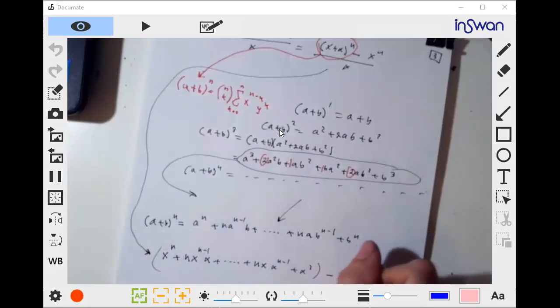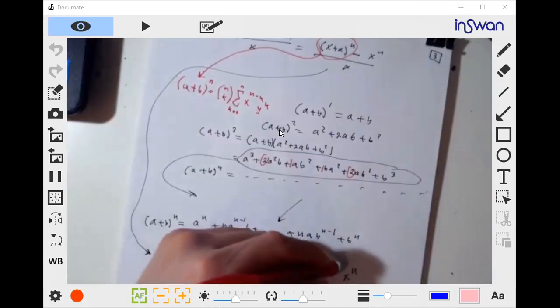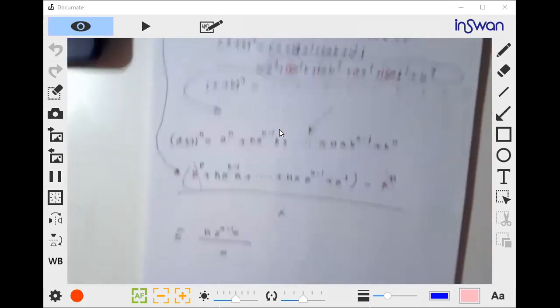And don't forget to first subtract x to the n, all over alpha. So these x to the n terms cancel. And then right here, we'll see that everything will reduce, through approximations, to n x to the n minus 1 alpha all over alpha. The higher order alpha terms approximate to a lower level.